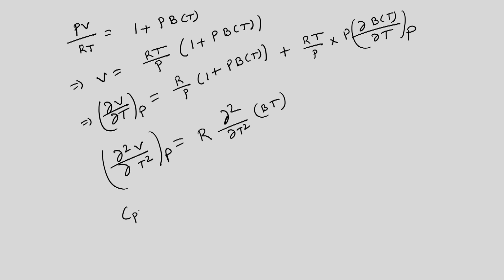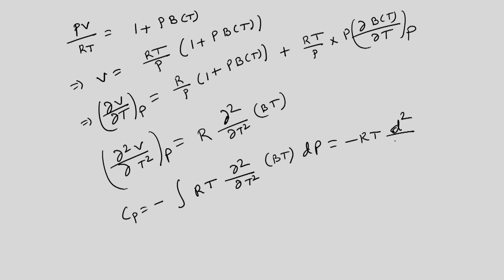So ∂Cp/∂P is minus T ∂²V/∂T², so we get minus RT ∂²B/∂T² times dP.